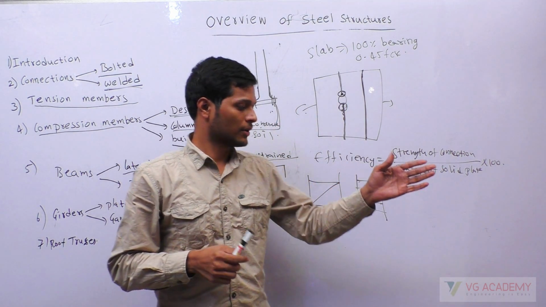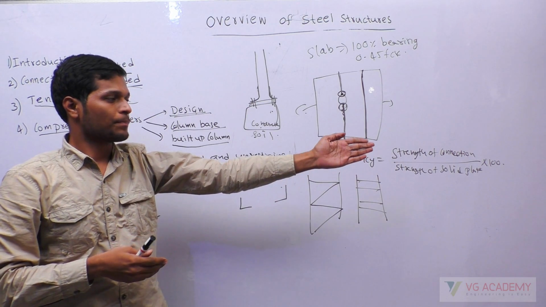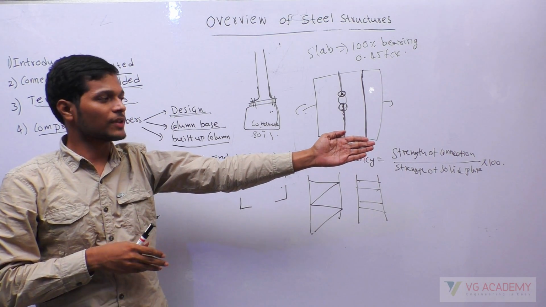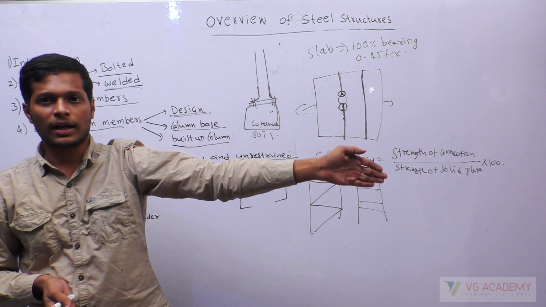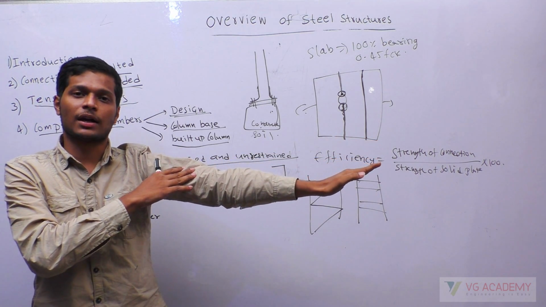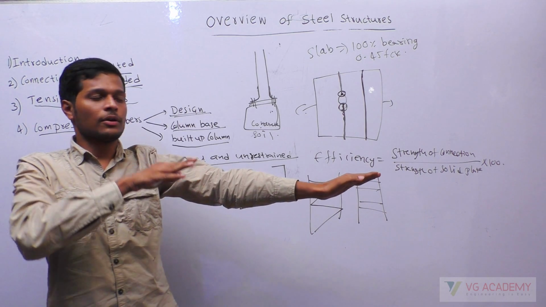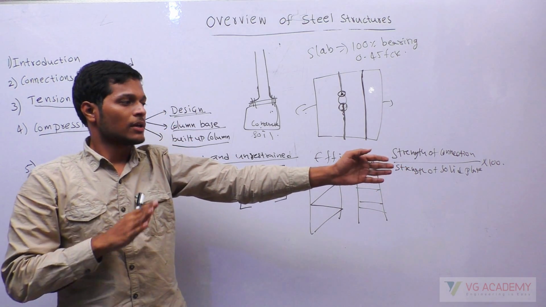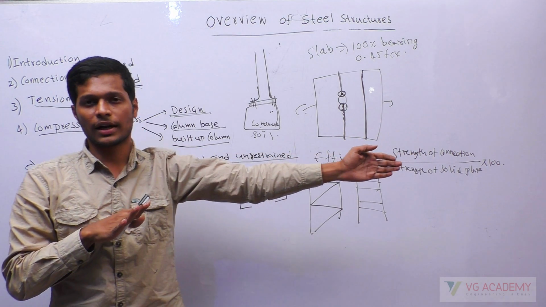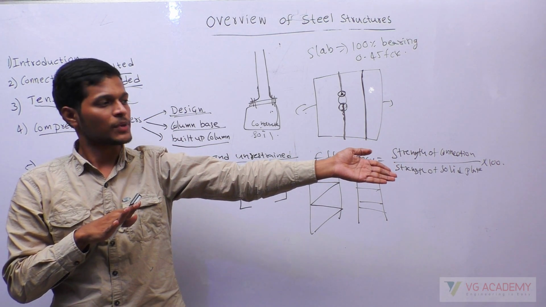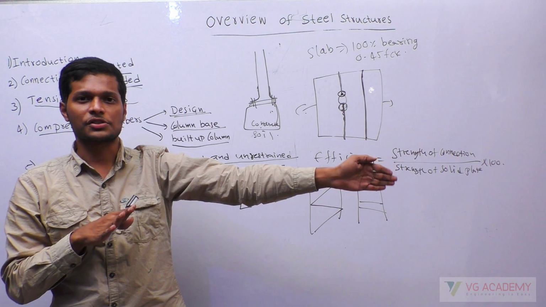Suppose you have a beam like this. If the beam is laterally not stable, then it will overturn like this. Because of this, it causes something called lateral torsional buckling. It takes some time to explain that. Just understand that this is the longitudinal direction, this is the lateral direction, so this beam is laterally not stable.